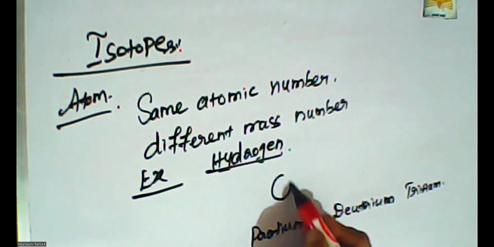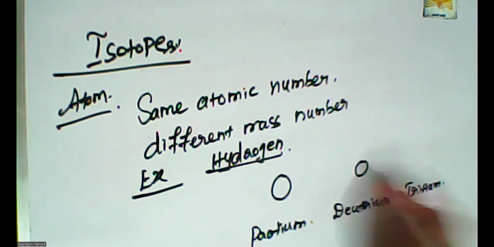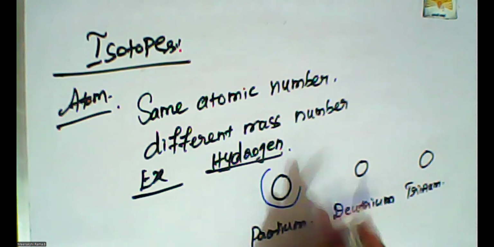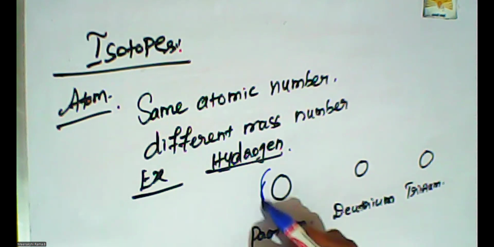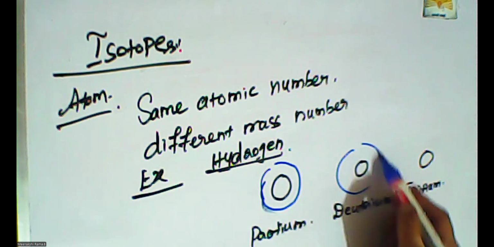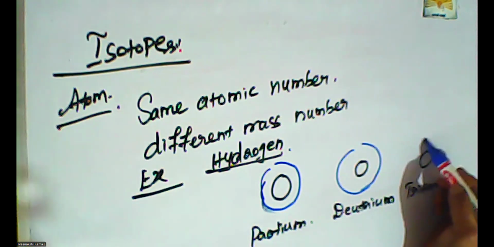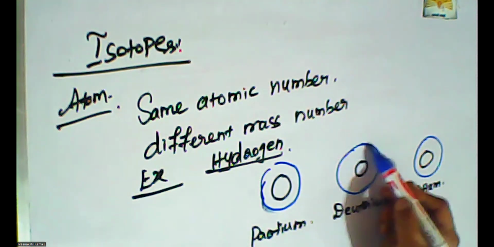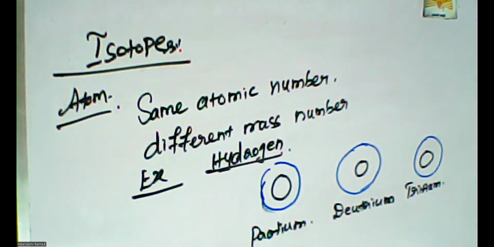The center part is the nucleus. The nucleus contains protons and neutrons. Protium contains only one proton in the center part, and then one electron.